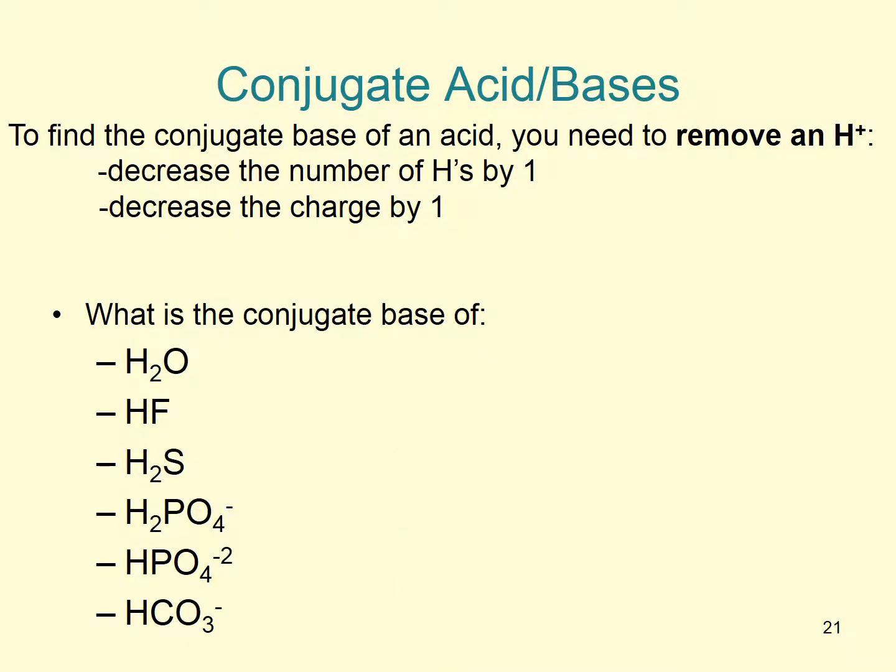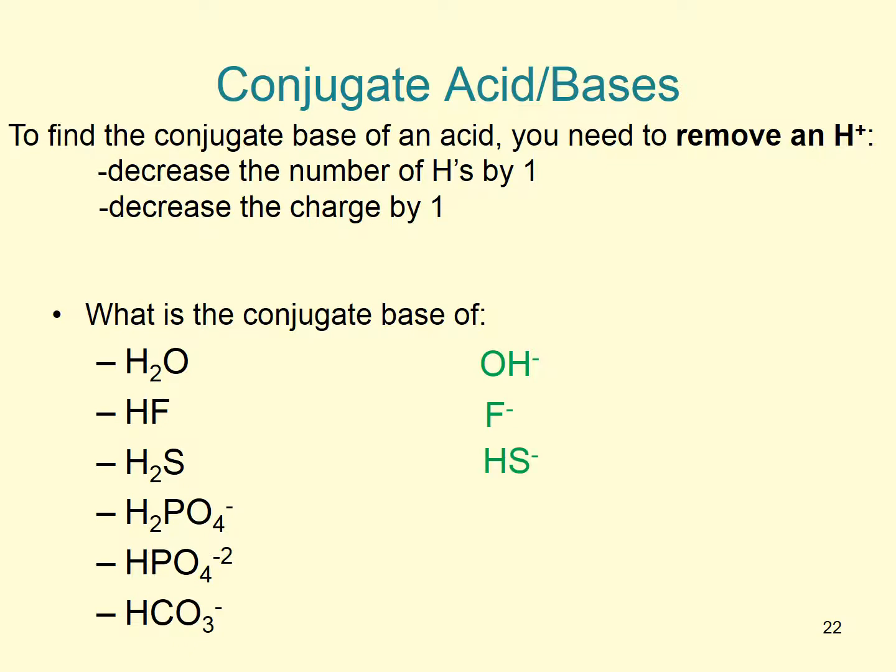So to find the conjugate base, you remove an H and you decrease the charge by 1. The conjugate base of H2O will be OH negative. The conjugate base of HF will be F negative. The conjugate base of H2S will become HS negative.